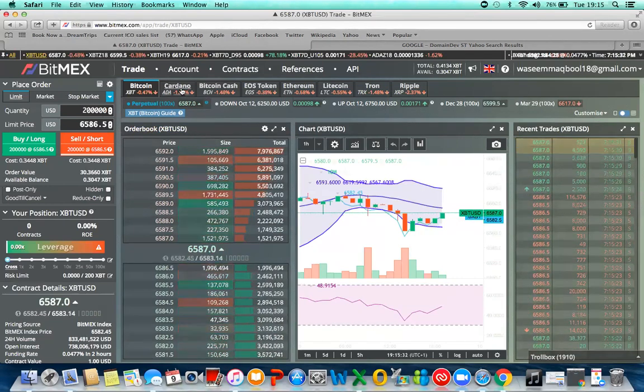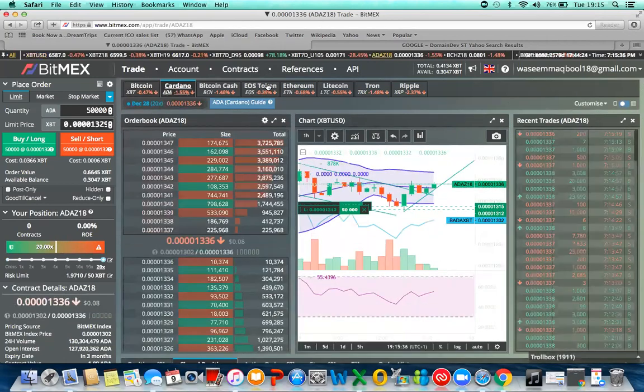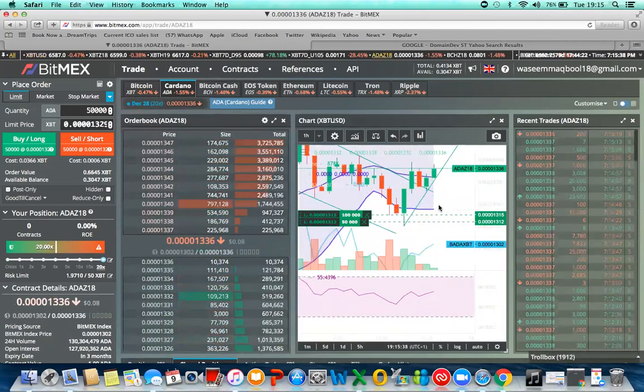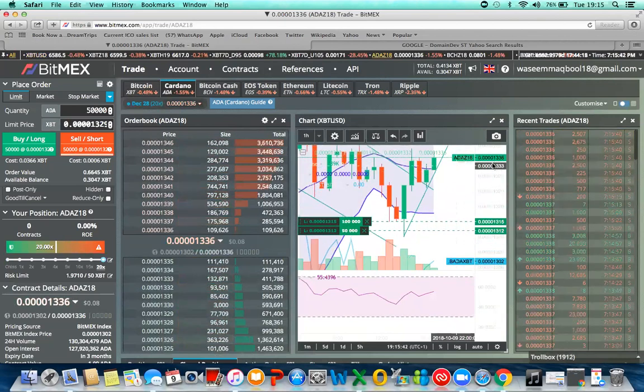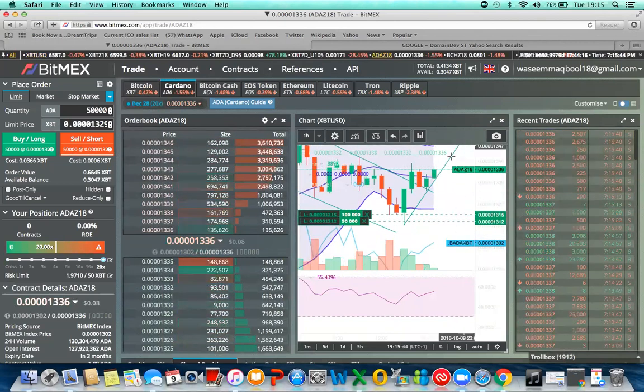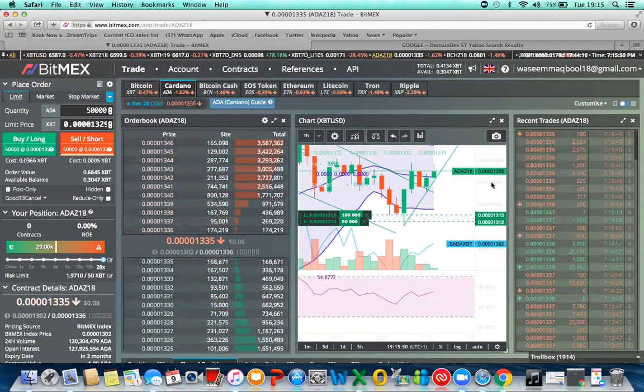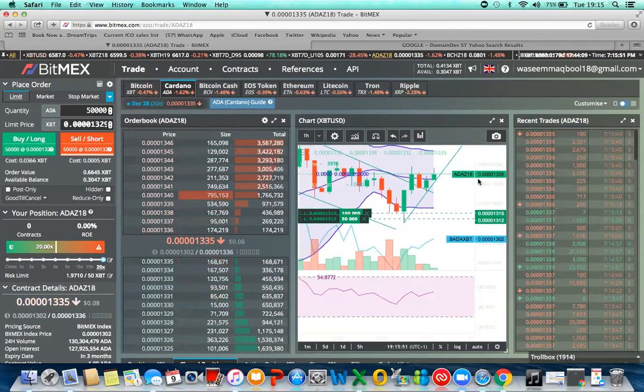First of all, you're going to go on ADA, which is Cardano over here. It says ADA at the bottom. Now you will look at the price. At that time, the price was here, so that's why we got a signal. And ever since, it's been shooting up, and I believe it's just going to go up to 13.56 or 13.60 odd anyways.